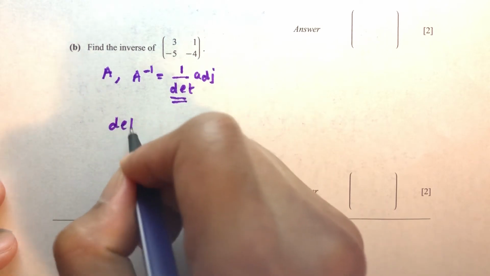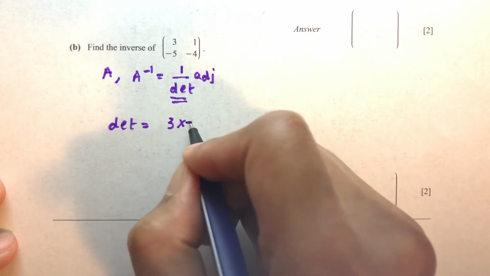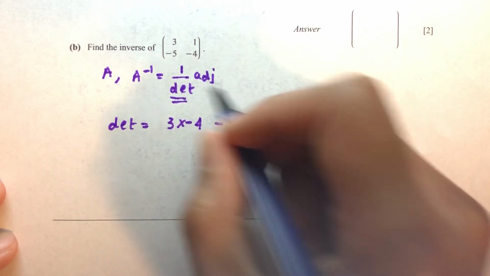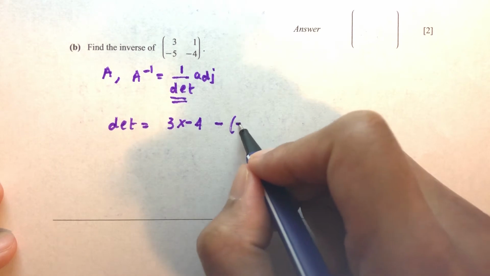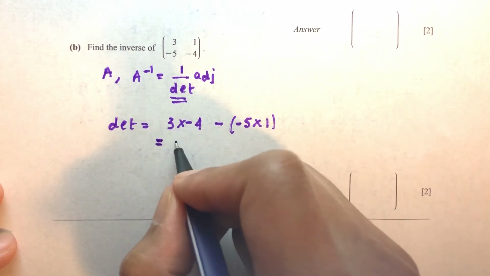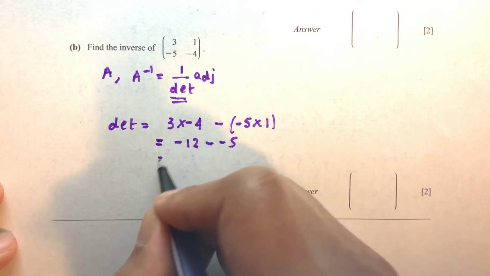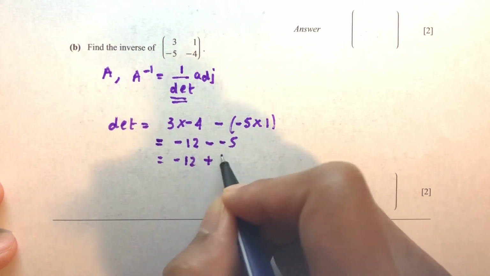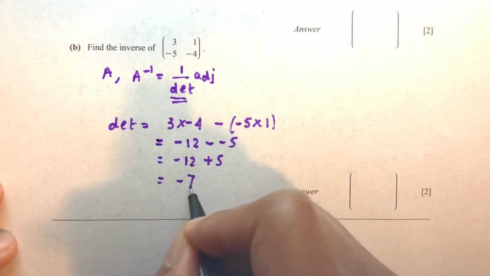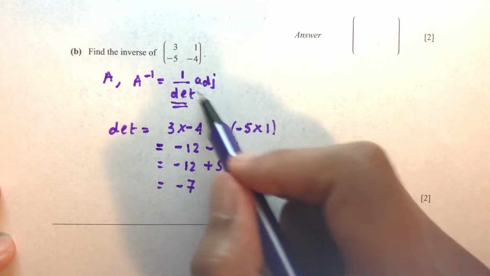Determinant is equal to 3 times minus 4 minus 5 times 1, which is minus 12 minus 5, which is minus 17. Wait, 3 times minus 4 minus 5 times 1 is minus 12 minus 5, which is minus 7.